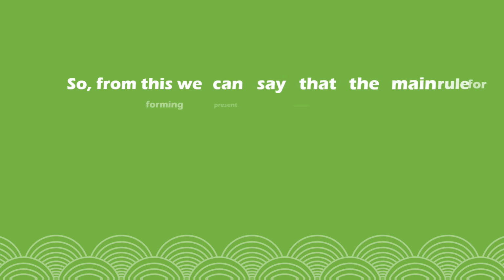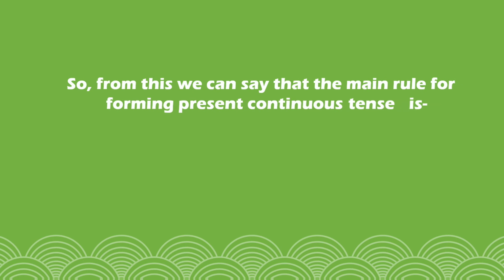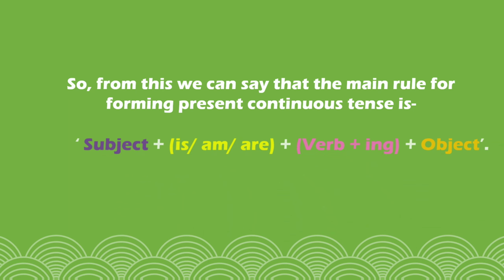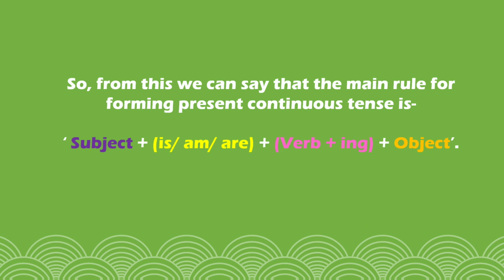So, from this we can say that the main rule for forming present continuous tense is subject plus is or am or are plus verb plus ing plus object.